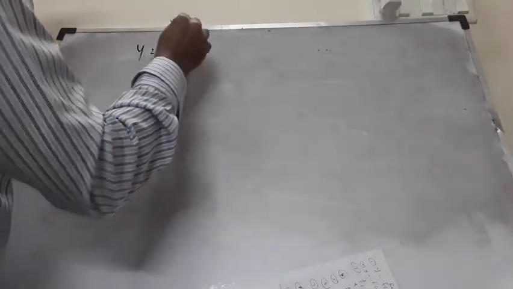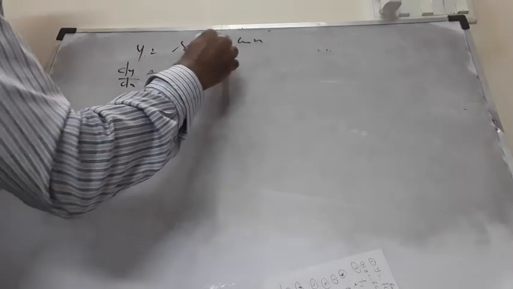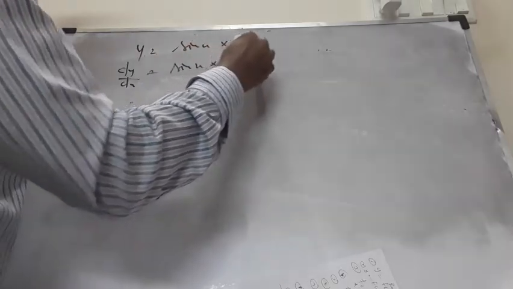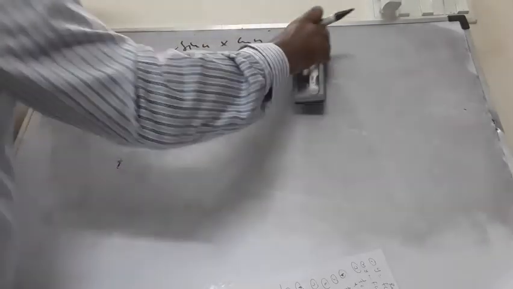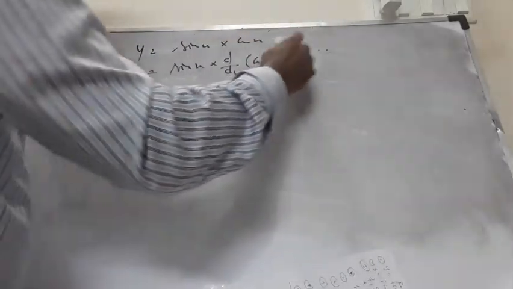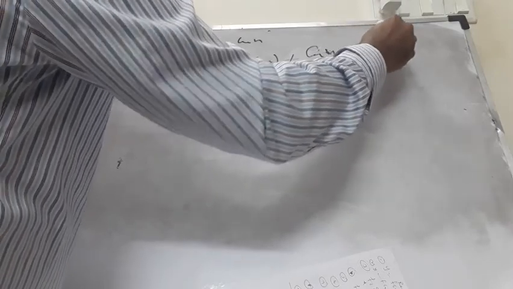Let me take one example of each. If y is equal to sin x into cos x, find dy by dx. This is the product rule: sin x into d by dx of cos x, plus cos x into d by dx of sin x.